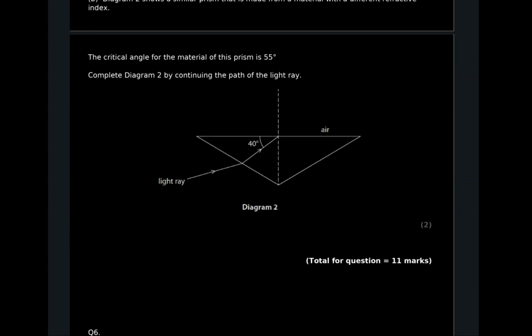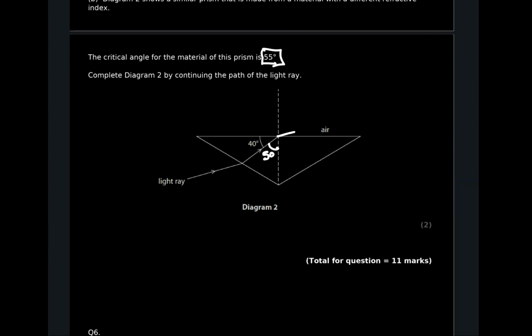The critical angle of the material of this prism is 55 degrees. Complete diagram 2 by continuing the path of the ray of light. Now, the angle of incidence in this case is again 50, because 90 minus 40, it will be 50. But there is this information we are provided. The critical angle is 55 degrees.